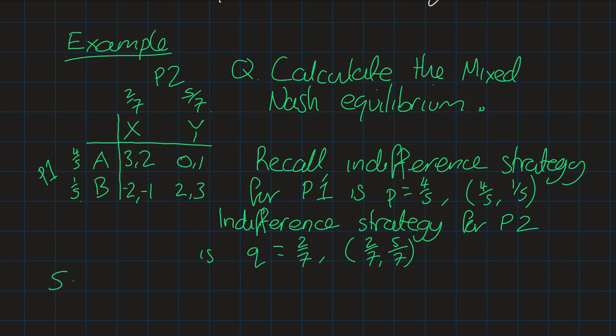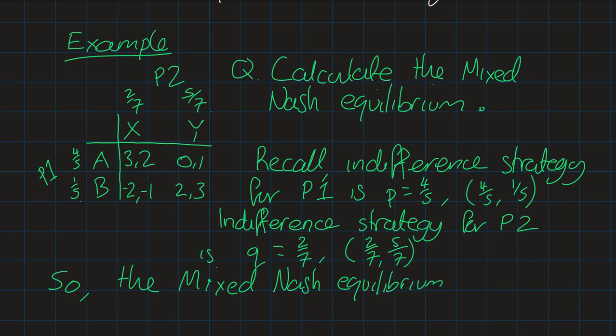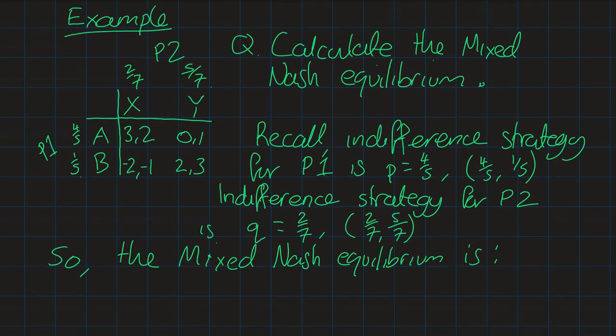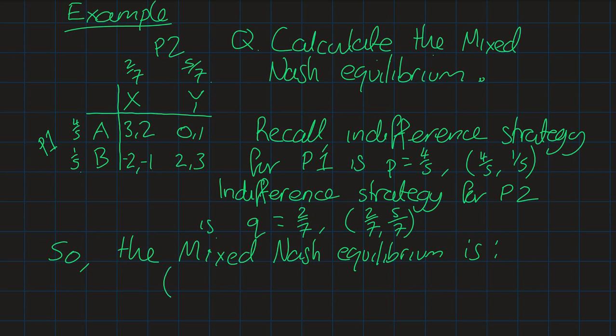So the mixed Nash equilibrium is, and you write it like this, big parenthesis, and then the indifference strategy for player 1, comma, and then the indifference strategy for player 2.